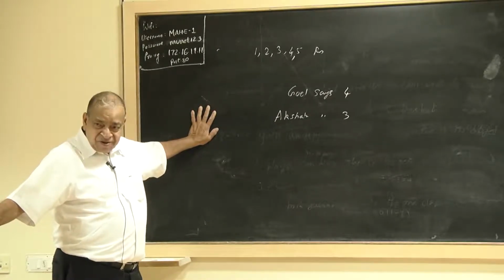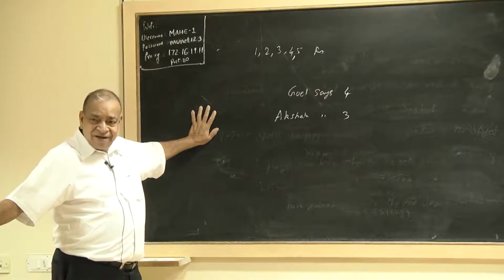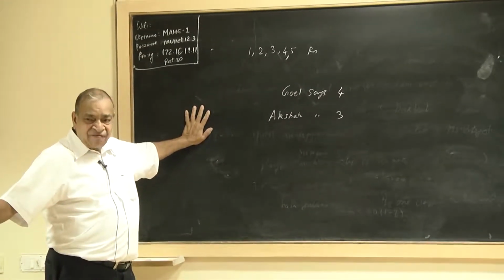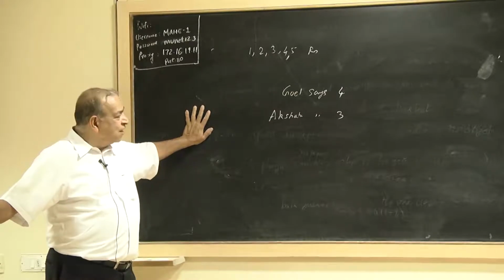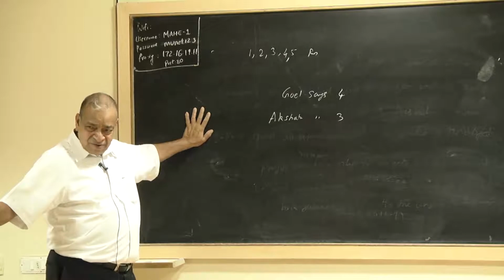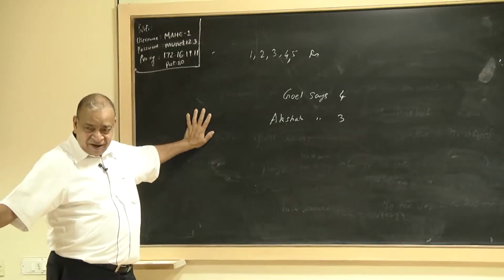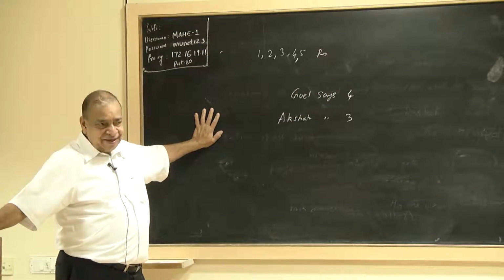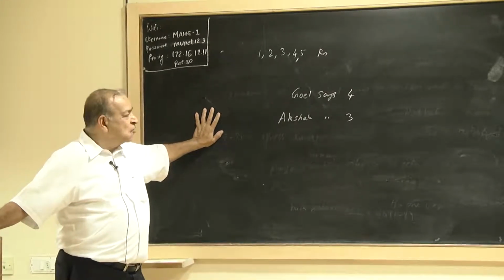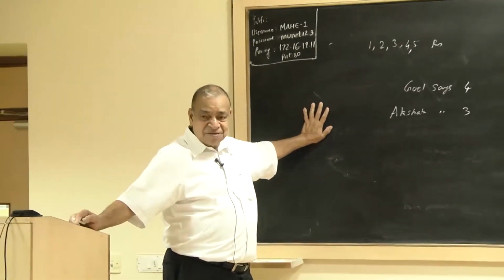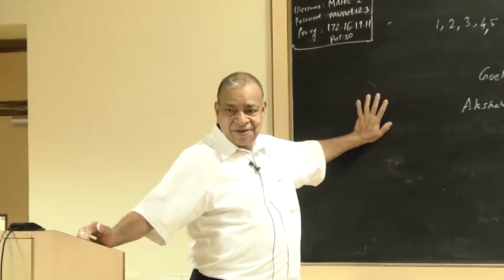If it is 2, 3, 4, you. 5, no one. So in 3 cases Akshata will win, in 1 case you will win. So in the long run she is going to be better off. Agree? So between 4 and 3, 3 is better than 4. Okay?